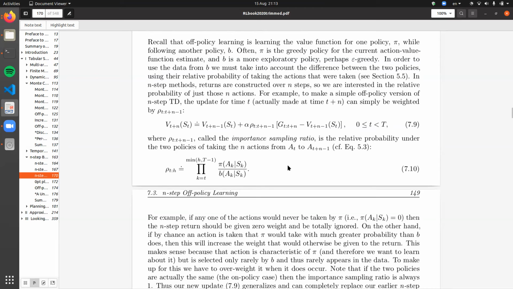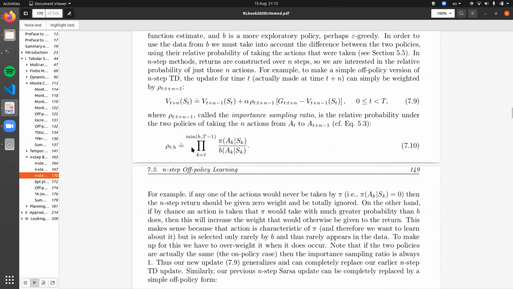It was introduced there and is a common, widely used technique, and it was explained in more detail in that chapter.